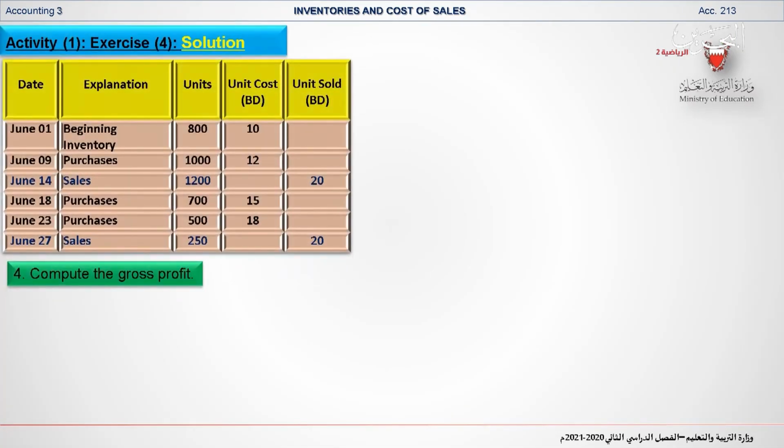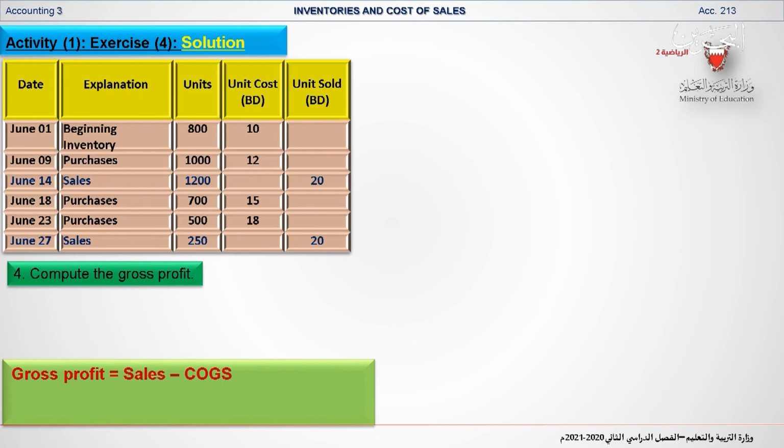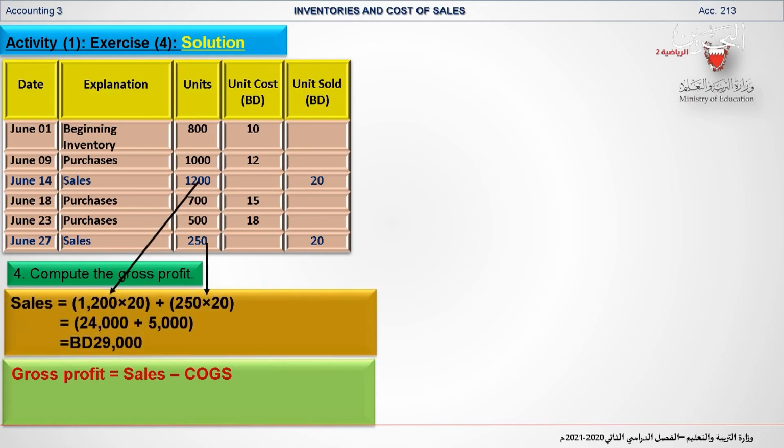The last requirement is to calculate the gross profit, which equals sales minus cost of goods sold. First, you need to calculate sales in BD by multiplying units sold by selling price. Refer to the data provided in the table.